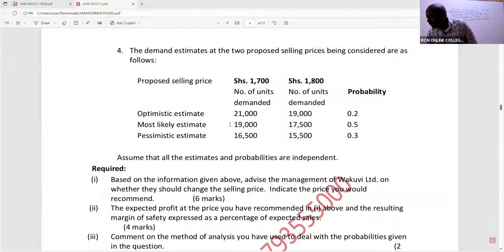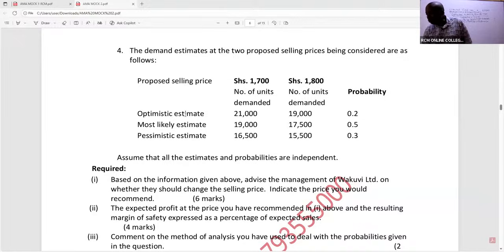If I sell at 1,700, you can see this 21,000 times its probability, times 0.2, plus 19,000 times 0.5, plus 16,500 times 0.3. Please get me right, should I charge this 1,700, this is the column applicable.